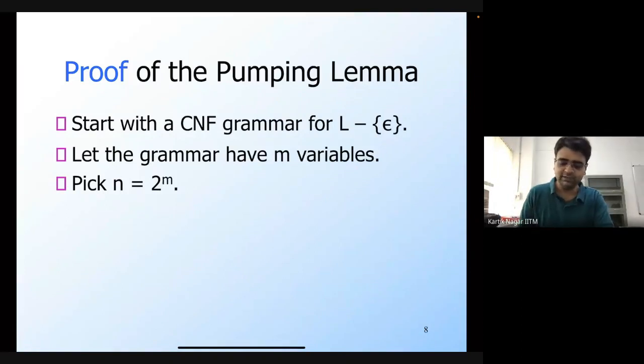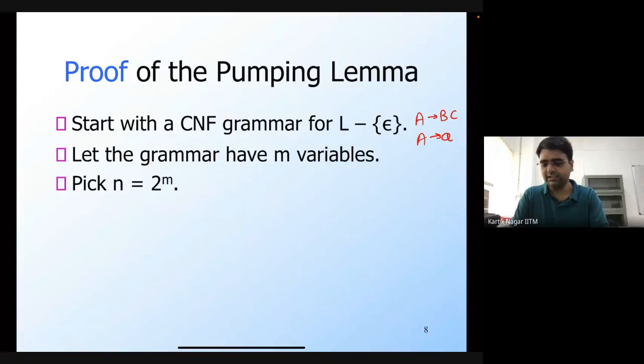The main observation here is about the Chomsky normal form. What are the constraints in the Chomsky normal form? Every production rule in a grammar in Chomsky normal form will be of the form either A generates BC or A generates a.